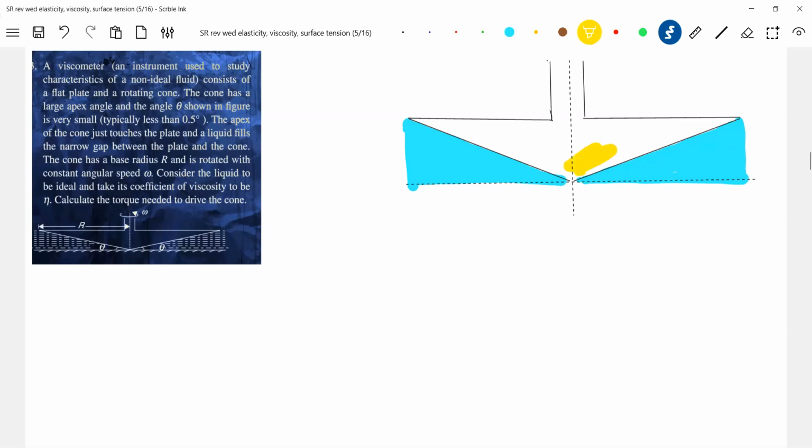This is the cone. Yellow color one is what cone? Okay, now I think you have a better diagram in front of you. Very fast. The previous problem, what we had an idea, the similar conditions will come here.